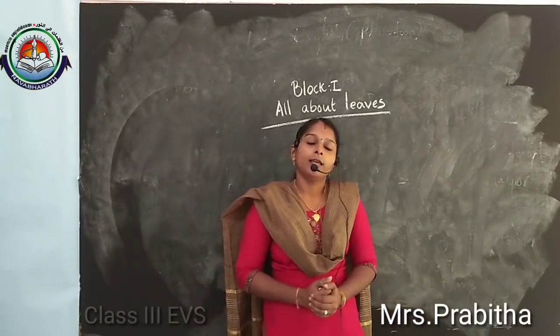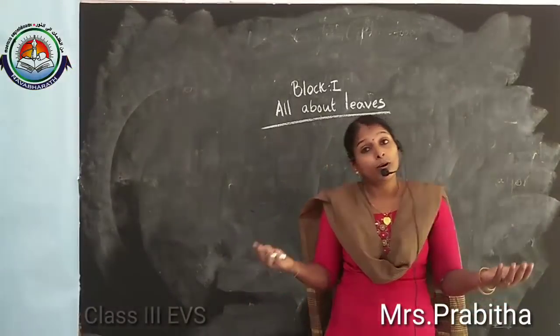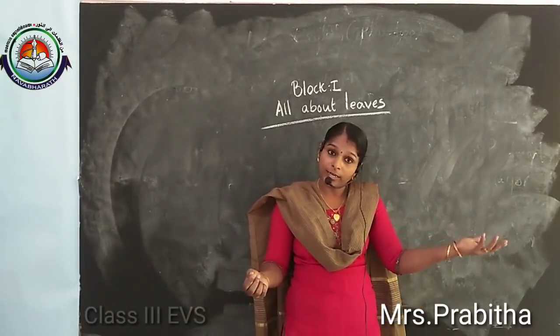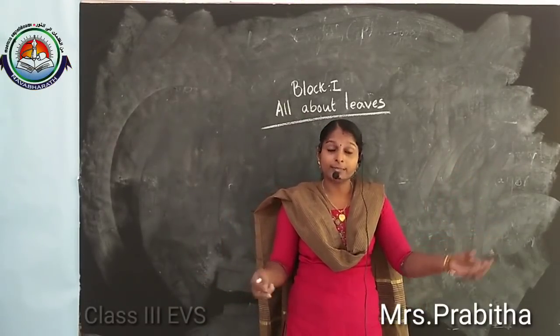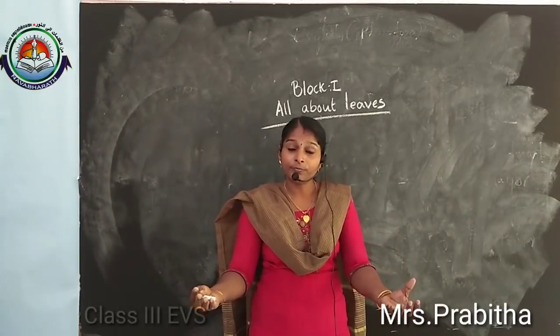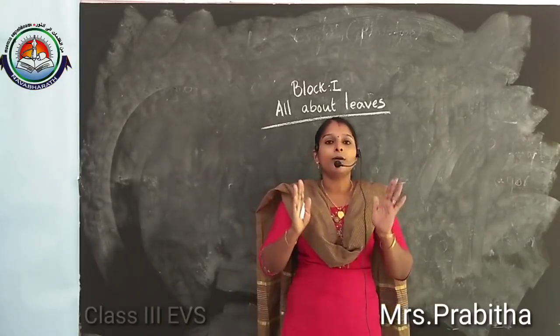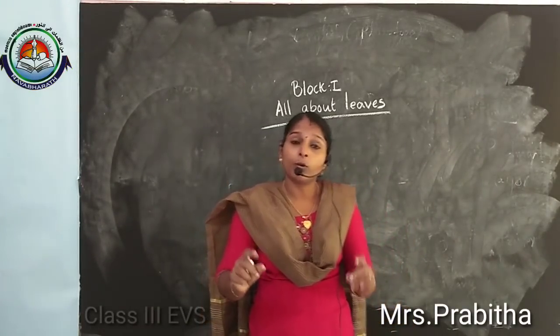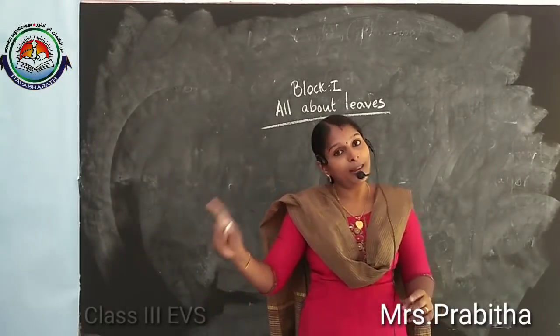In your previous classes you already learned about plants, right? You studied about the importance of plants, uses of plants, different parts of plants. In the first three blocks, we have to study about different parts of plants.